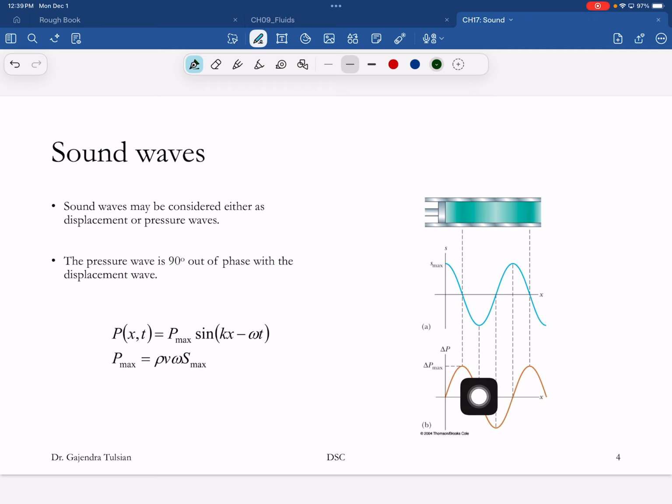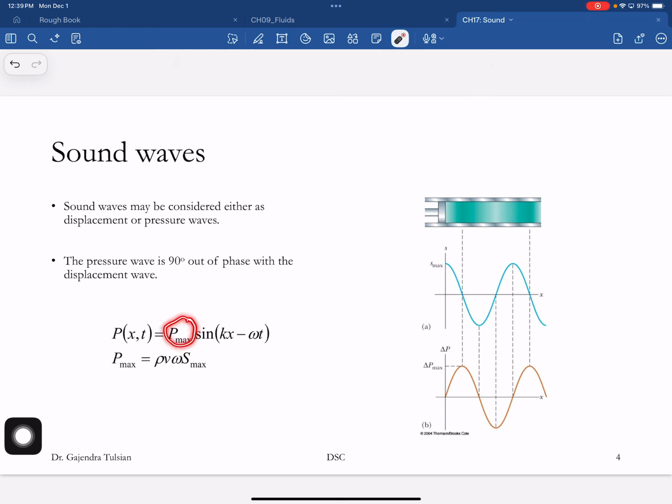And in one of the previous chapters, you learned how to represent this mathematically. There it is. So there's the pressure wave, the pressure at location x at time t. This is the amplitude of the pressure. There's the wave number, which is related to the wavelength of the wave.